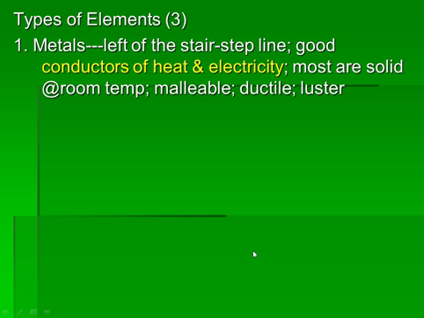That's called the stair-step, and it's like an invisible barrier between the two sides of the periodic table. So all the elements on the left side of the stair-step are metals.